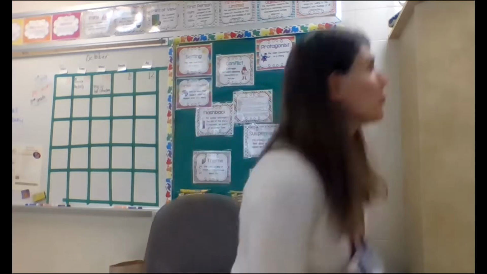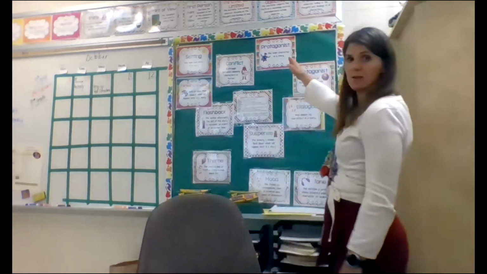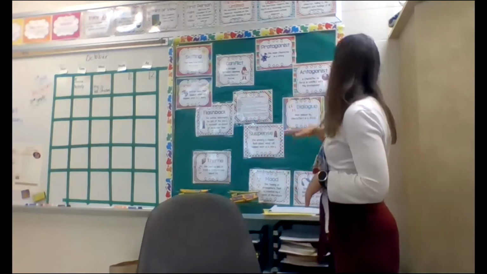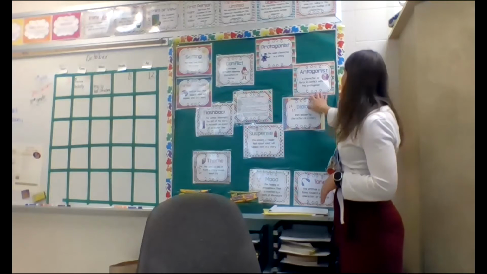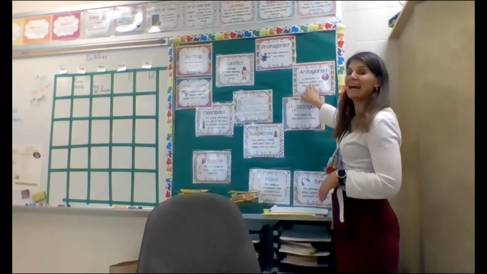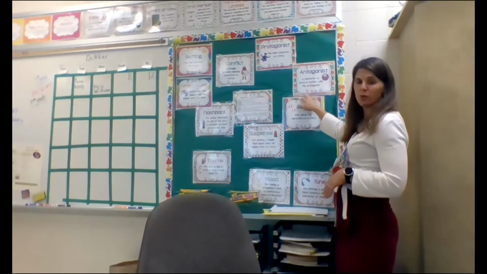So we have protagonist, which is typically the main character of our story. That pro is a positive word, it is good characteristics. Antagonist is a character or force in conflict with the protagonist. It is usually our villain or our bad guy in the story. Meg is not our bad guy.